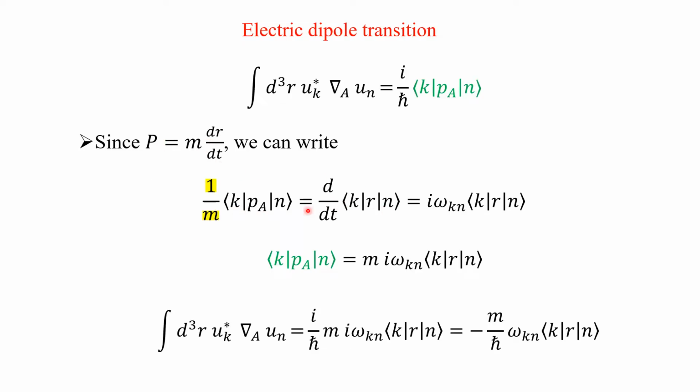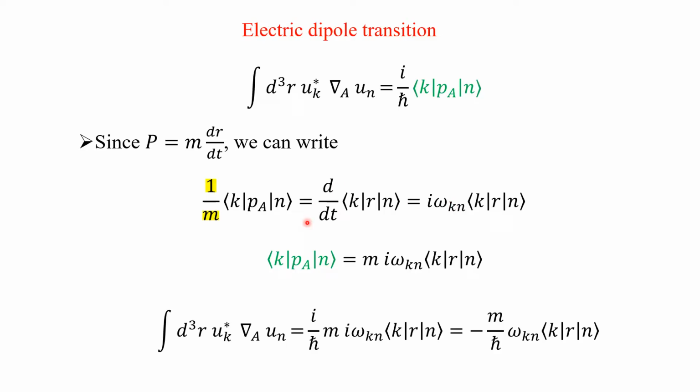As usual in time-dependent perturbation theory, the time dependence comes in the exponential term e power i omega_kn t.